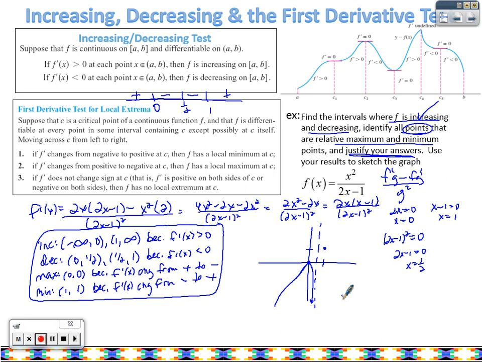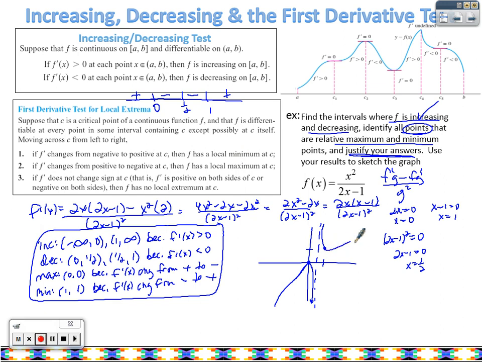All right. So let's look at what happens. Between 1/2 and 1, I'm decreasing. Right. So to decrease, I'm going to have to come out this way. And then after 1, I increase.